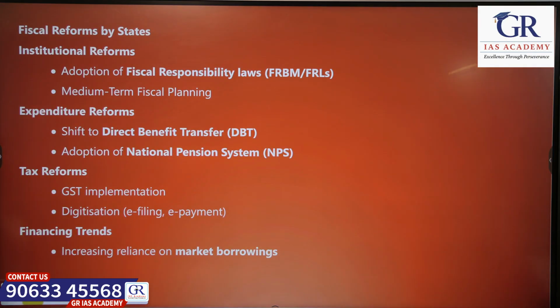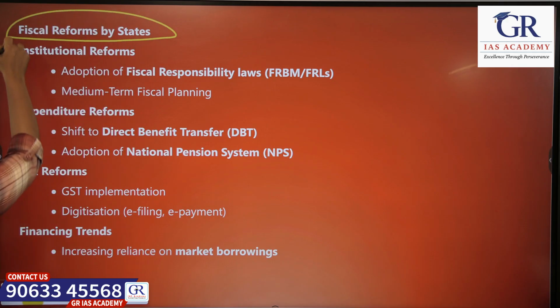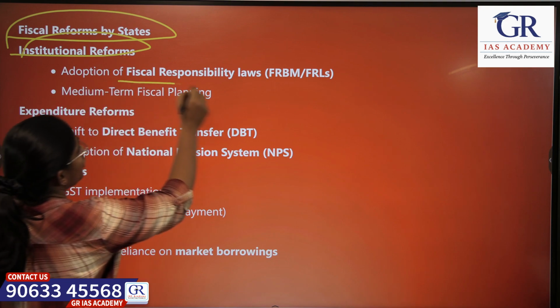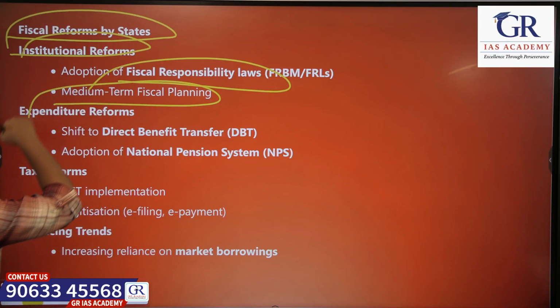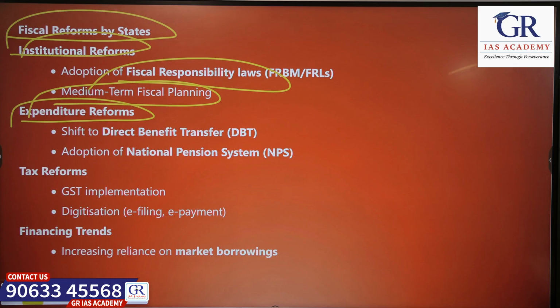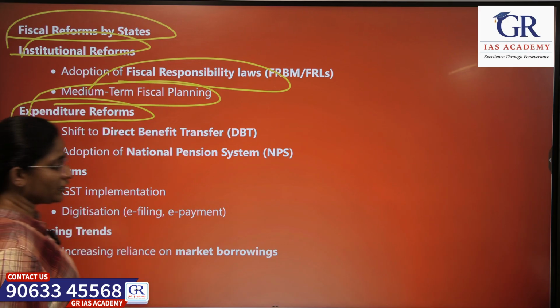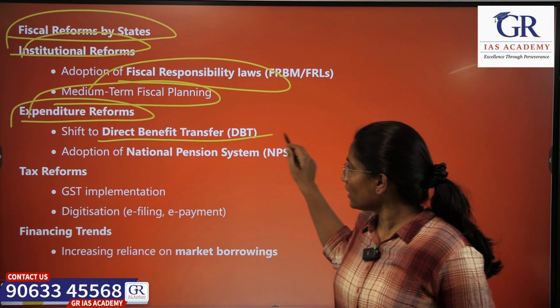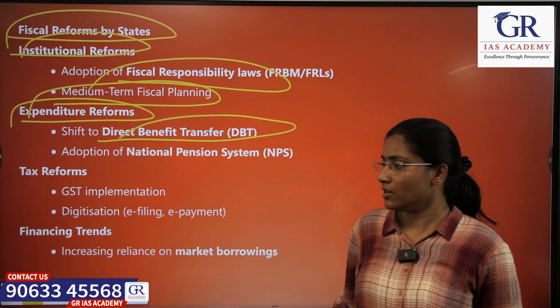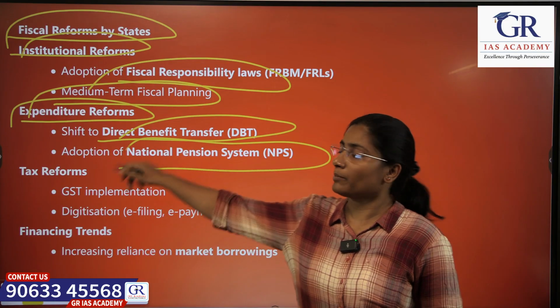So there is a need for reforms by the states in order to combat the fiscal deficit. The first type is institutional reforms. They want to adopt FRBM laws and medium term fiscal planning. Then reforms in expenditure: in order to control corruption and increase transparency, there is a need for direct benefit transfer and adoption of the national pension system.